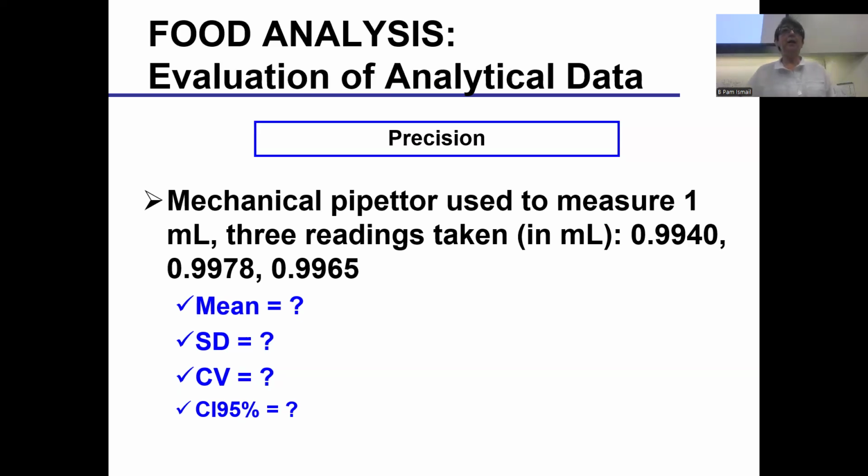And then did anybody get to the confidence interval? Take a minute, and that will be the last thing you want to do. Did you calculate t times SD over the square root of n minus 1 or n?